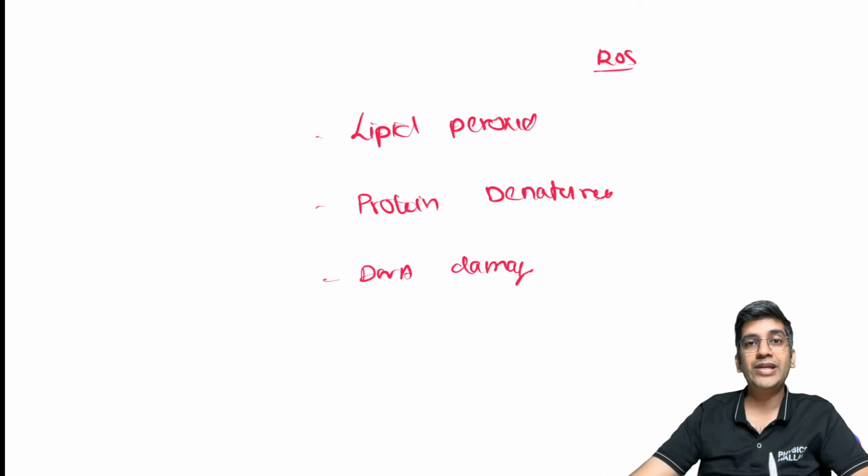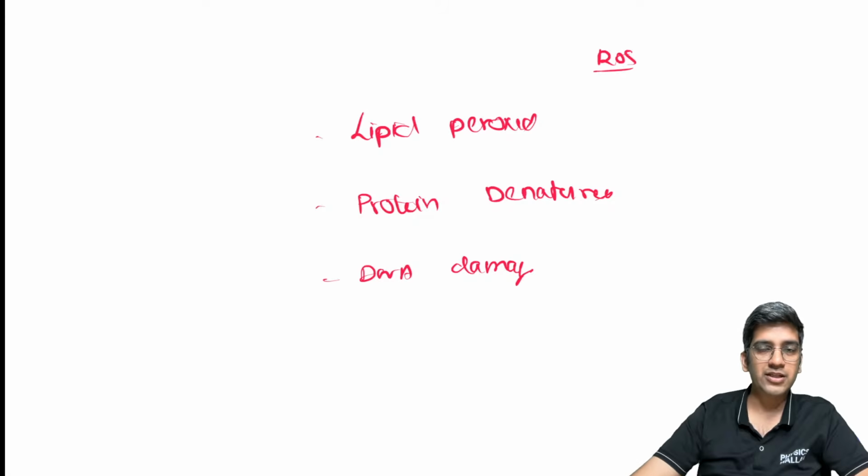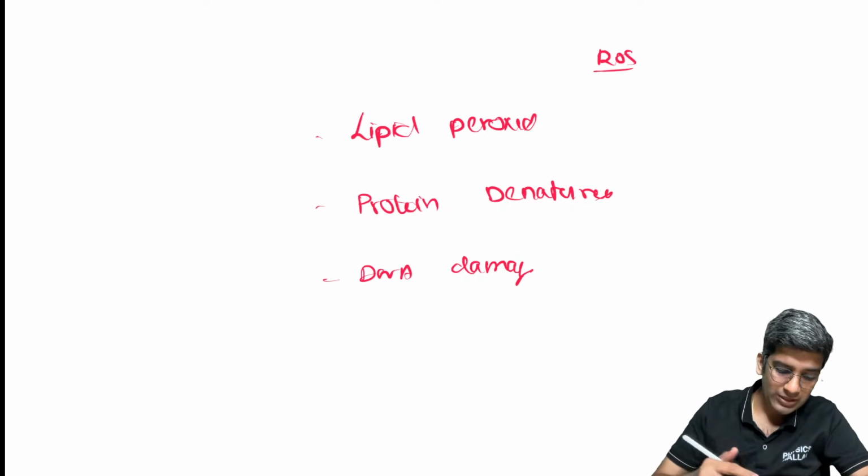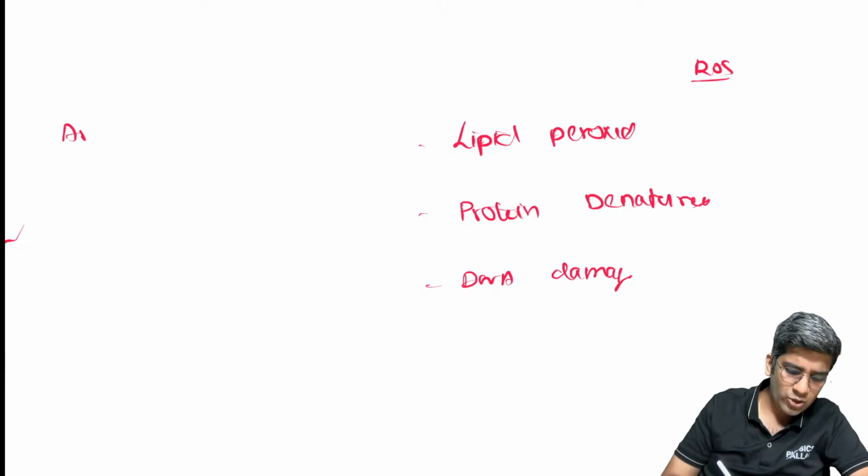That's why when you eat a lot, you age a lot. I'm not saying go on a fast or starve. When you eat what your body wants, your body will automatically neutralize them because you also have a very good amount of antioxidants. Can anyone tell me any antioxidant enzymes which come to your mind?